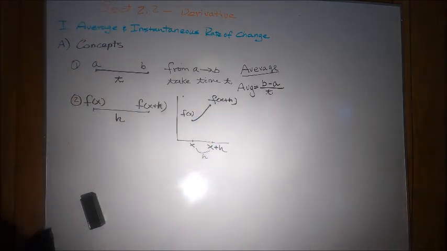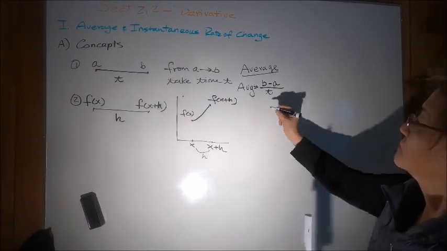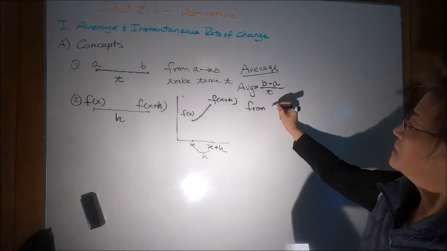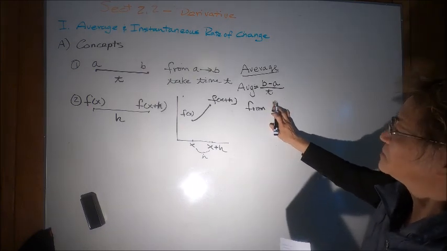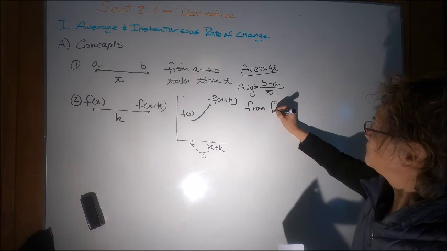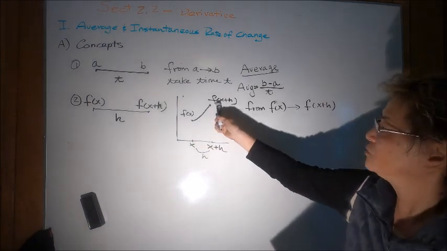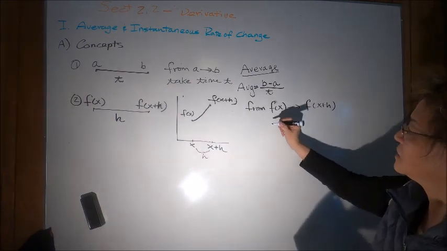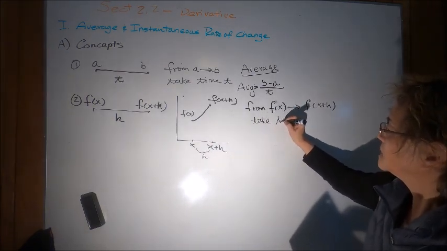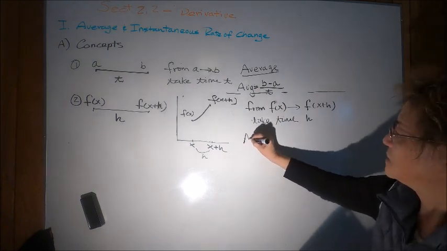So what we did is from time x, your position goes from f of x to the second point, from A to B. Then it takes time h, right? Then what is your average?